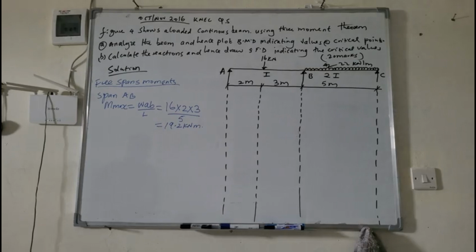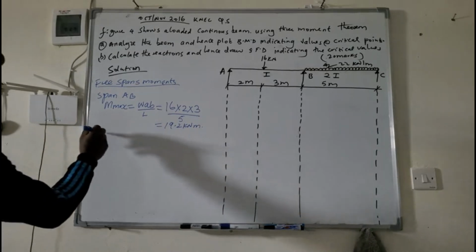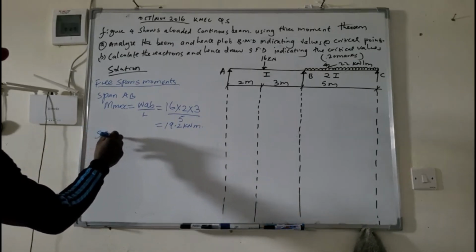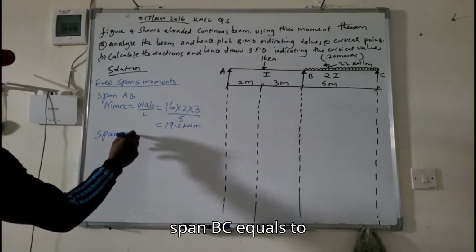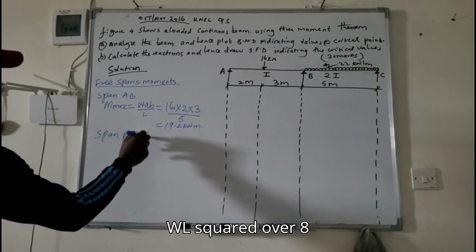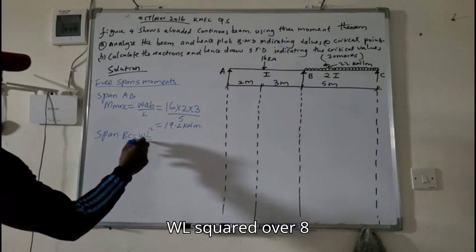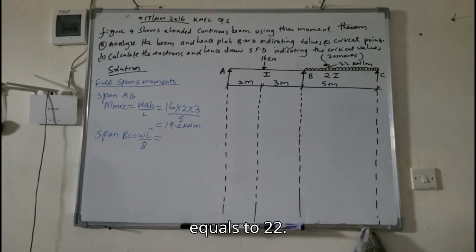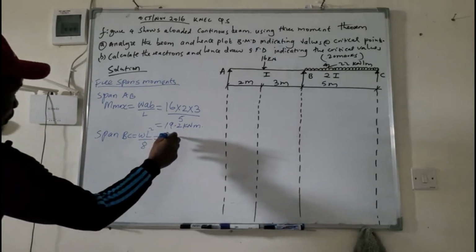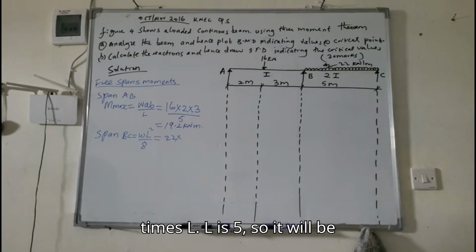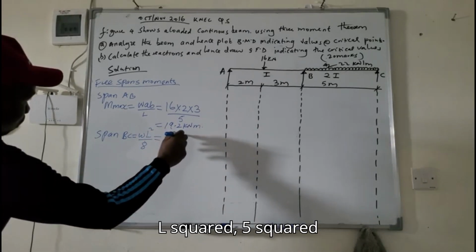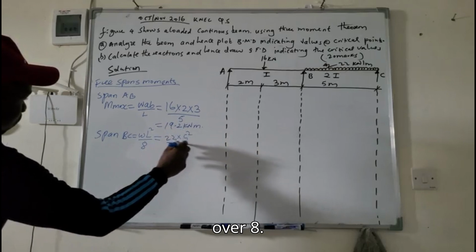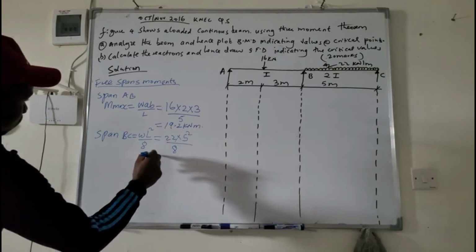So span BC equals WL squared over 8, equals 22 times L squared, where L is 5, so 5 squared, over 8.